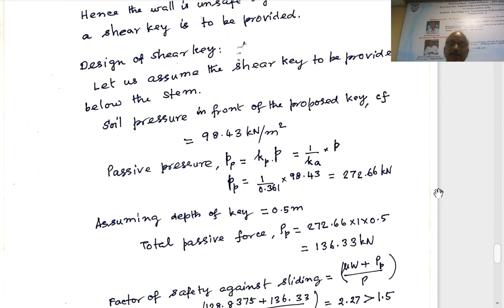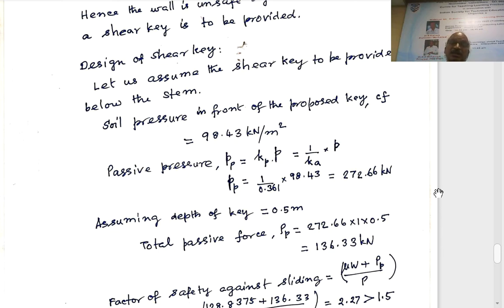Therefore, the total passive pressure, suppose we provide a height of key equal to 0.5 meter. 0.5 meter is not necessary, but still we can provide 0.3 meter, that is sufficient, but 0.5 meter is a little extra. So in the 0.5 meter height, the passive pressure is equal to 272.166 into 1 meter length into 0.5 meter depth, which is 136.3.